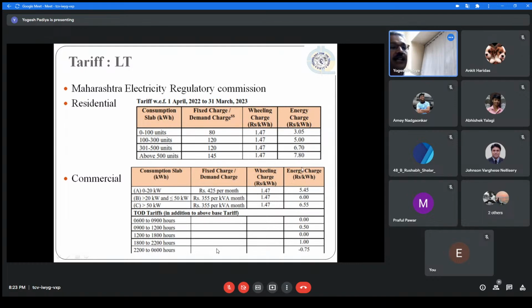It means that if you have a residential complex, tell your security guard to try to use the pump during night time, so that the tariff applicable to whatever electricity is consumed will be 0.75 less than the normal bill.